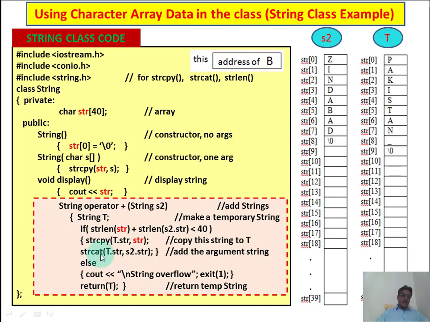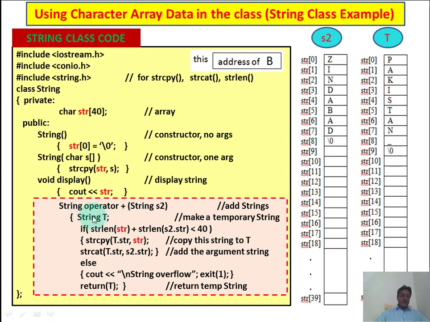So strcat, this function will concatenate the S2.str value with the t.str value. This value will be concatenated with this value at the end of this array, and then it will skip the else block and execute this return T statement, because the return type of this plus operator function is string, and string is the class name, so it will return the value of the object.